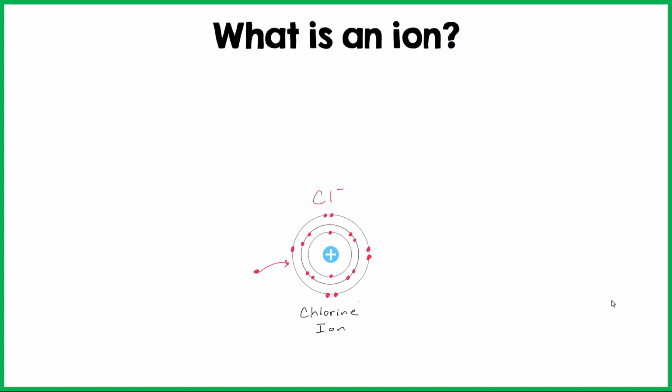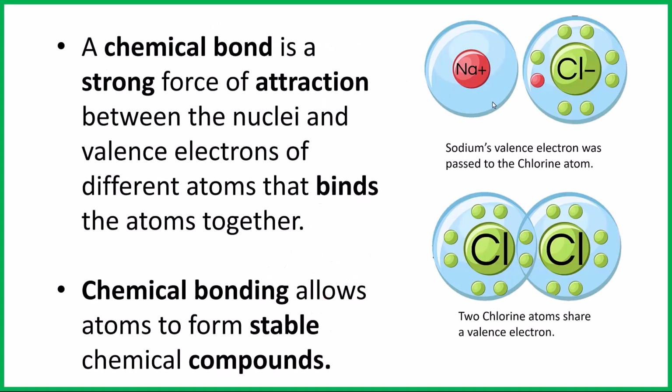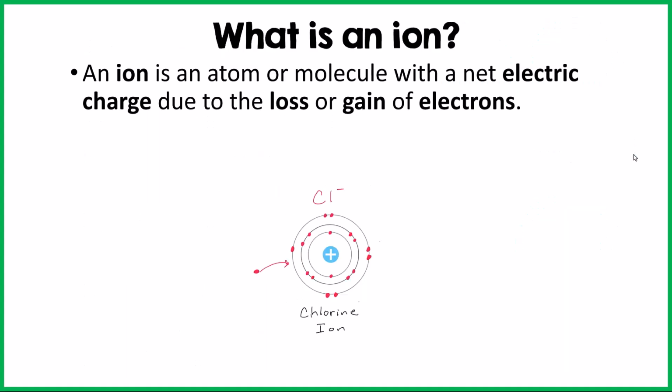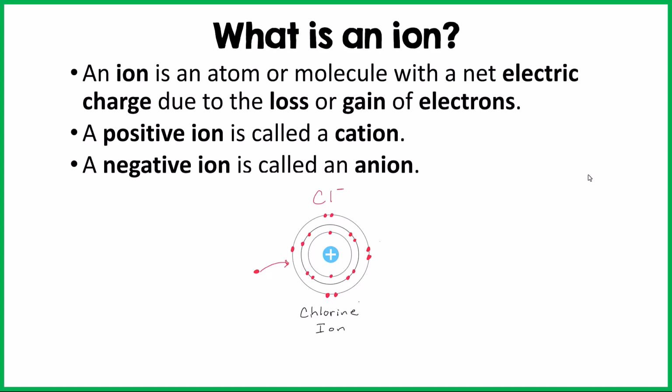So what is an ion? An ion is an atom or molecule with a net electric charge due to the loss or gain of electrons. So these 2 atoms up here are ions. This is a positively charged ion. This is a negatively charged ion. A positive ion is called a cation, and a negative ion is called an anion.